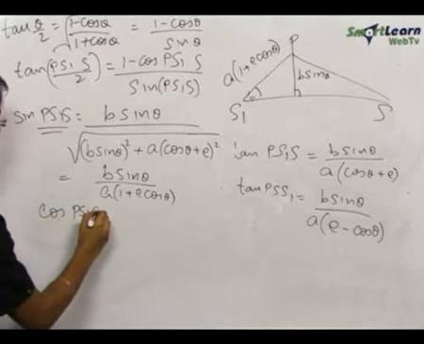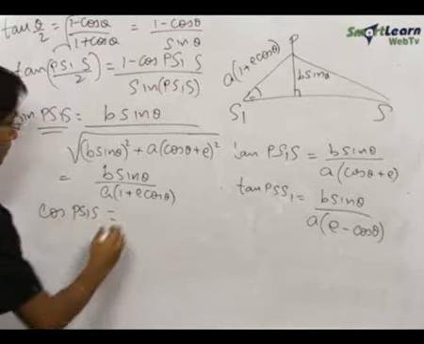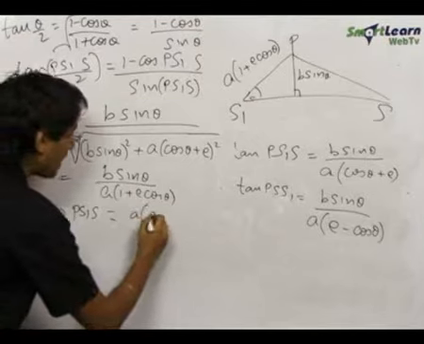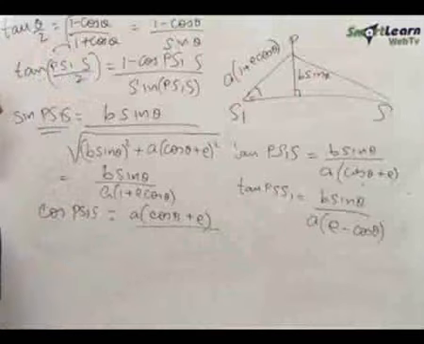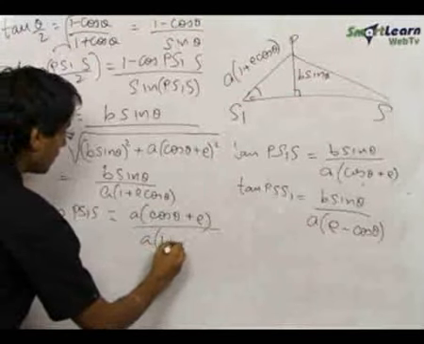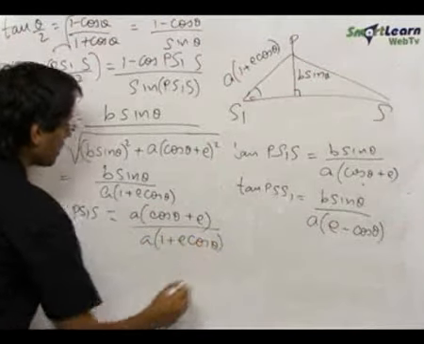Cos of PS1S becomes equal to A times cos theta plus E upon this length again, A times 1 plus E cos theta.